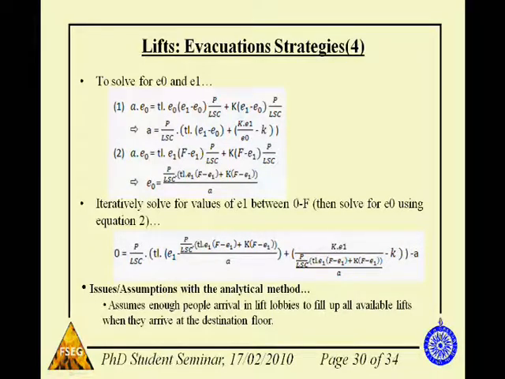We can then substitute it into the original formula to get a value for E0. So we can actually solve this and find out the best floors to put our sky lobbies on, such that we can get the fastest evacuation time. Again, this assumes enough people arrive in the lift lobbies to fill up all available lifts when they arrive at the destination.